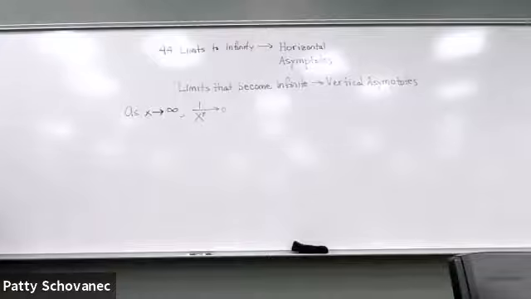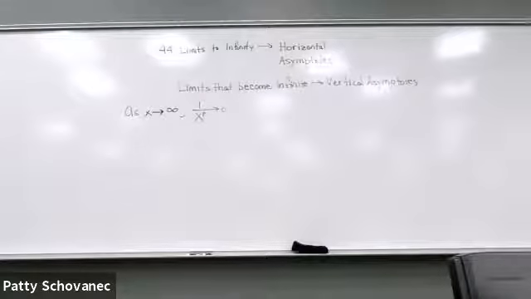So when we were taking limits to infinity on rational expressions, one of the steps that I showed you was that you can divide every single term in that rational expression by the highest power of x that you see. That'll leave you some terms that look like that in the expression. And then when x gets big, you can wipe those out and say that those go to 0. What's left is your limit.